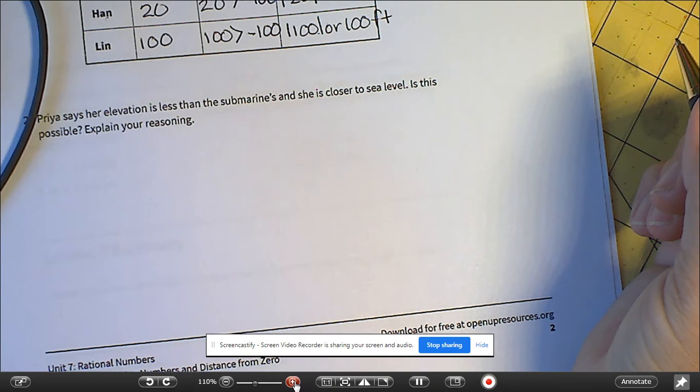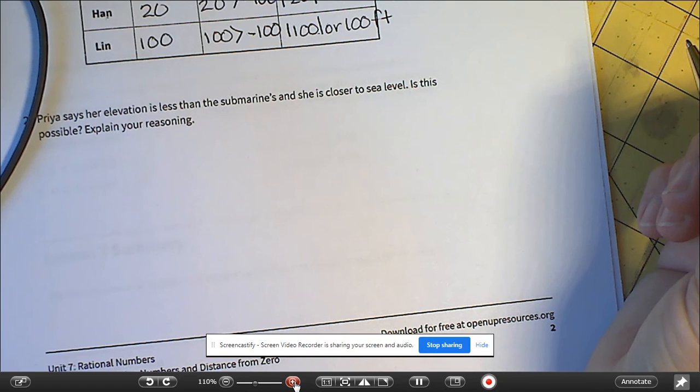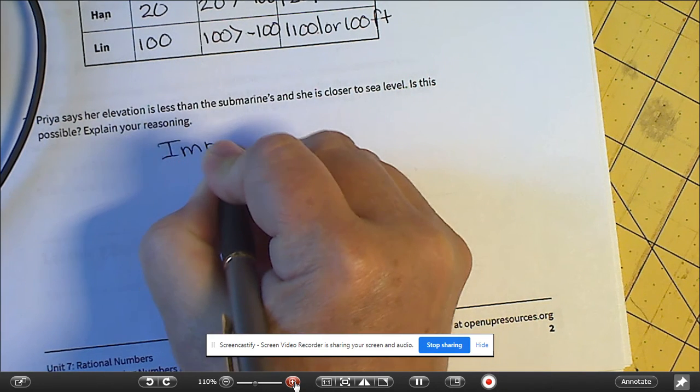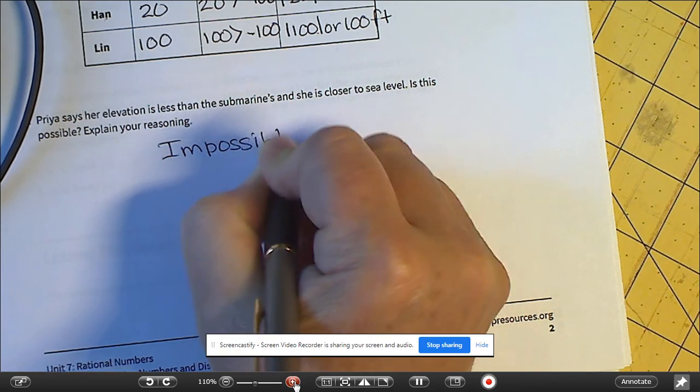So if she's less, she would be further down in the water than the submarine, which is further away from sea level. So this answer is impossible.